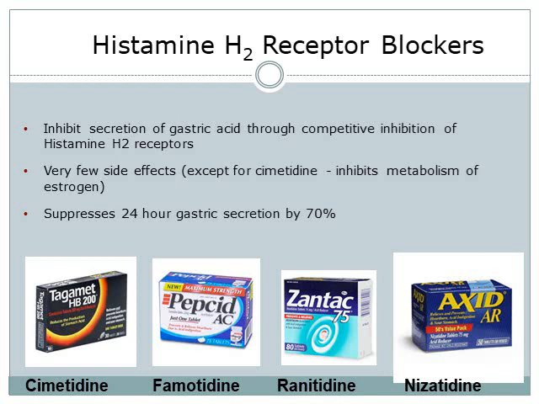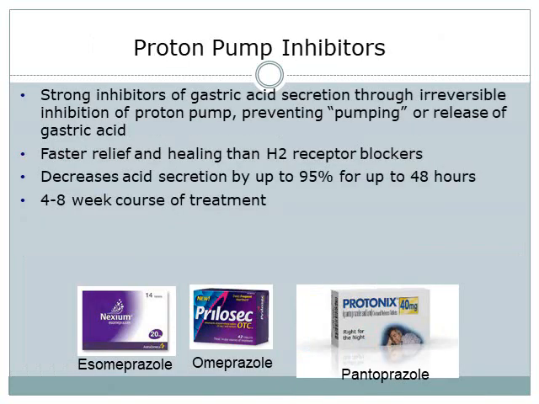So the next one that we'll look into is looking mostly at that next stage. Not looking at blocking the stimulus that causes the parietal cell to push in the hydrogen, this one acts directly on that proton pump, the area that pushes hydrogen in and removes potassium out. Hence, proton pump inhibitor.